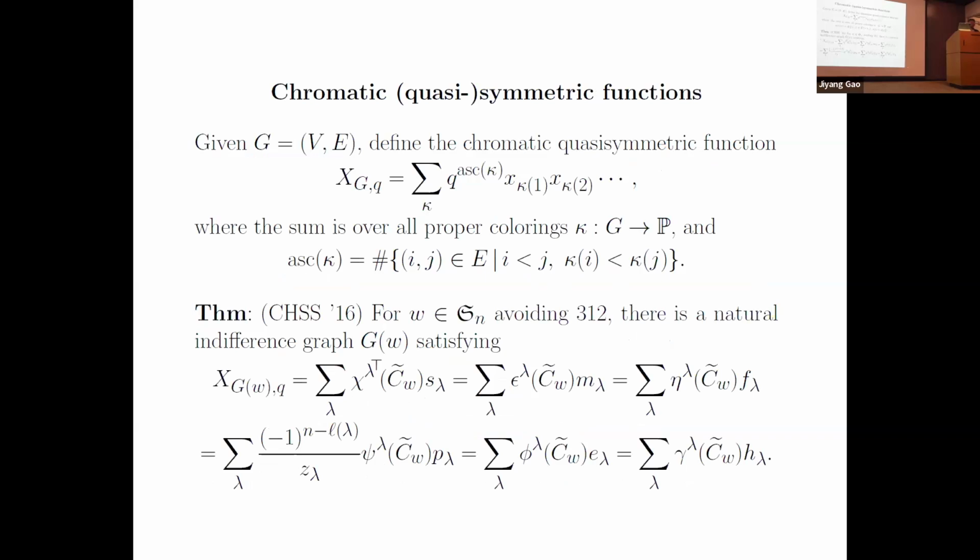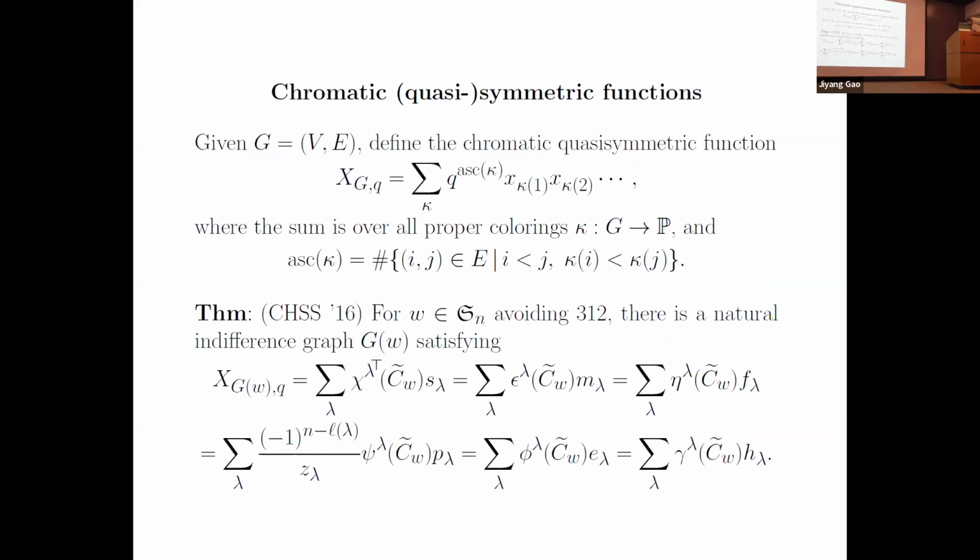It's known that chromatic symmetric functions are related to Hecke algebra trace evaluations. Specifically, given a graph G, we can define a quasi-symmetric function for the proper colorings of G, called the chromatic quasi-symmetric function. If G is the natural indifference graph corresponding to a 3-1-2 avoiding permutation w, then the quasi-symmetric function is symmetric and is the generating function for evaluations of Hecke algebra traces on the Kazhdan-Lusztig basis element C_w.